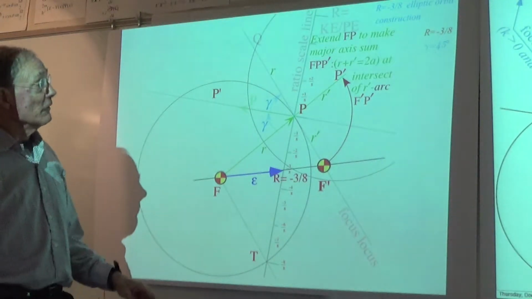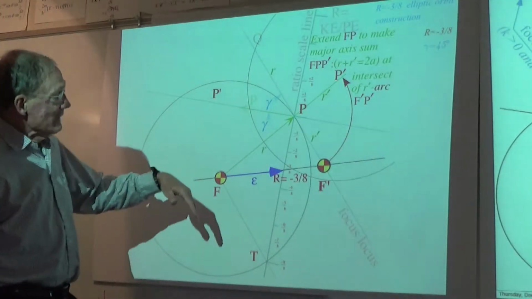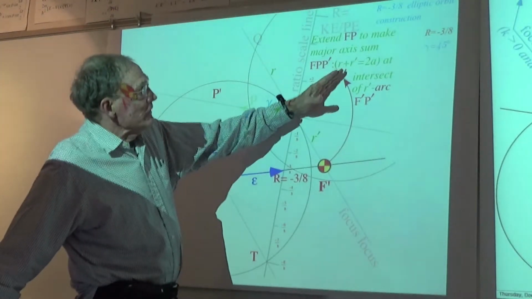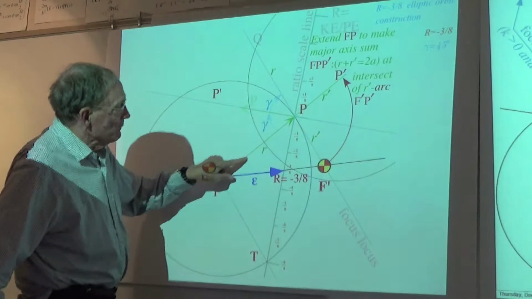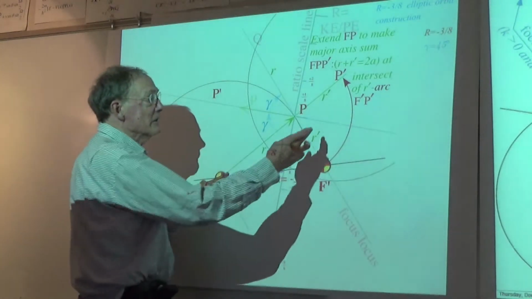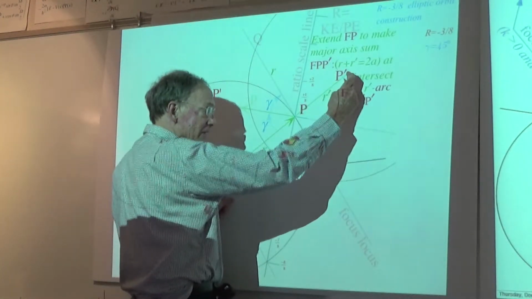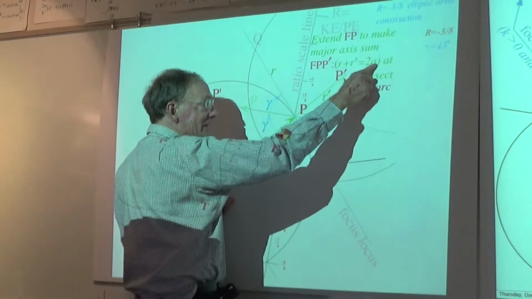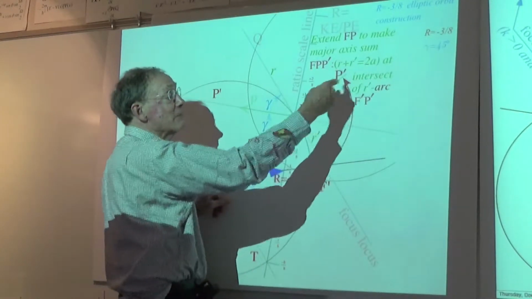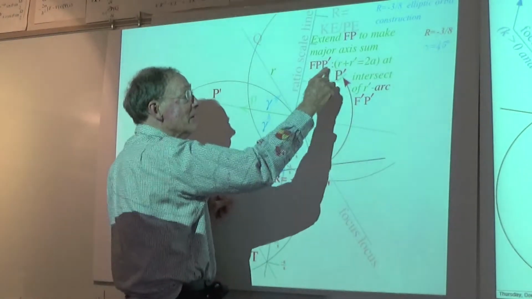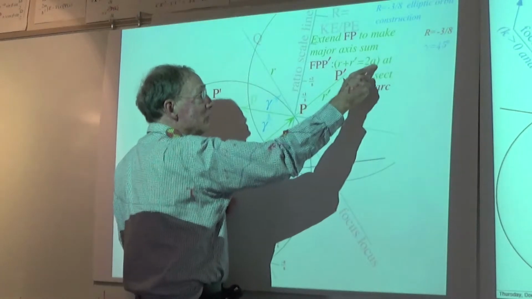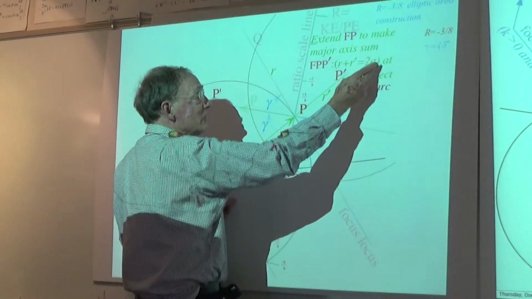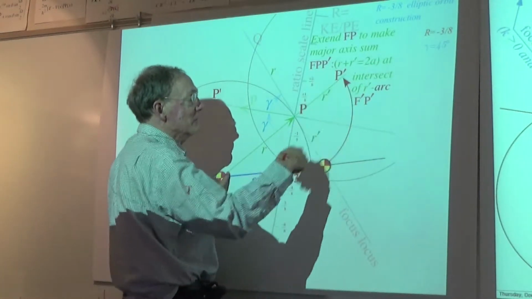Well, the first thing you do is swing an arc up to here to find the 2A. You need that 2A. That's the thing that goes in the denominator to give you total energy, right? So K over 2A is total energy. So we need the 2A for a number of things.